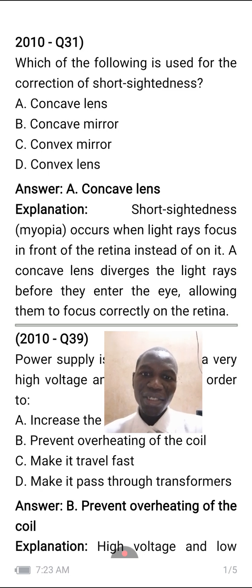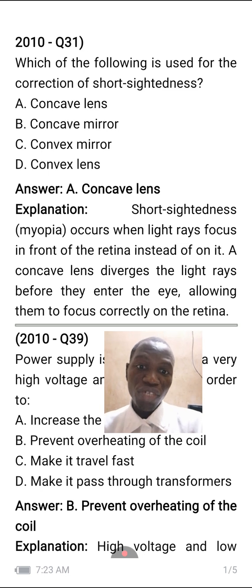So since this person is suffering from myopia or short-sightedness, he needs a lens that can diverge the light rays so that he will be able to see something that is far, so that he will not just be seeing things that are very closer to him. So the correct answer is concave lens.